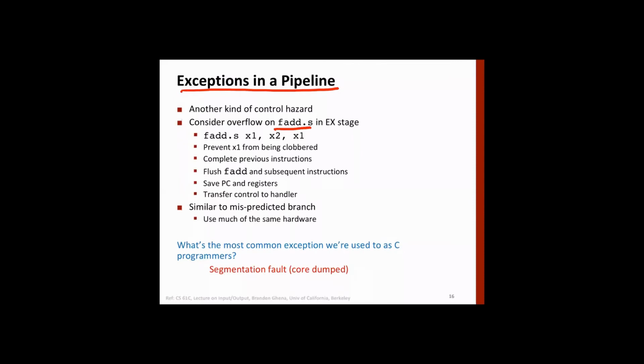For example, it will save the PC and registers, and then transfer control to the handler, and it will flush the pipeline or stall the pipeline and do something. All right. Say for example, the most common exception that happens in a C program is segmentation fault or core dump. Okay, you would have seen that, and you will study this more in the OS course.